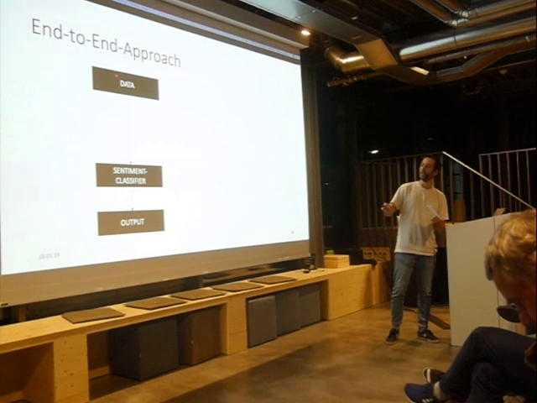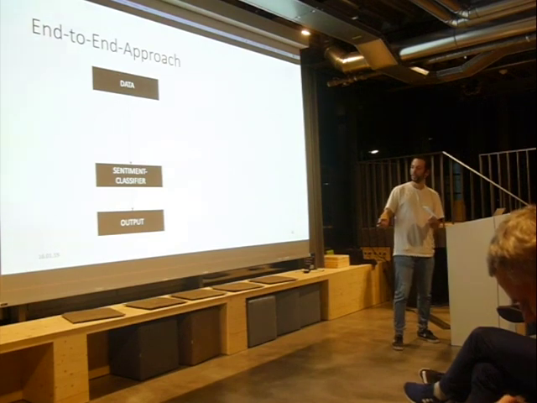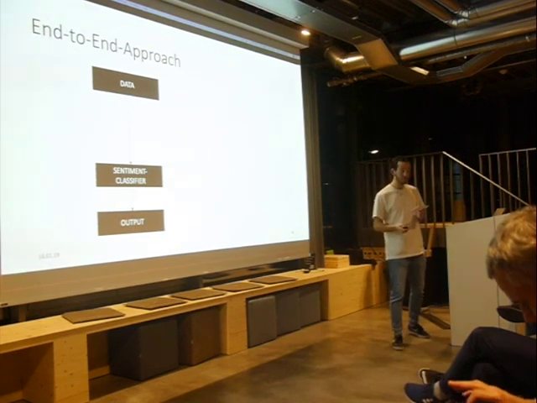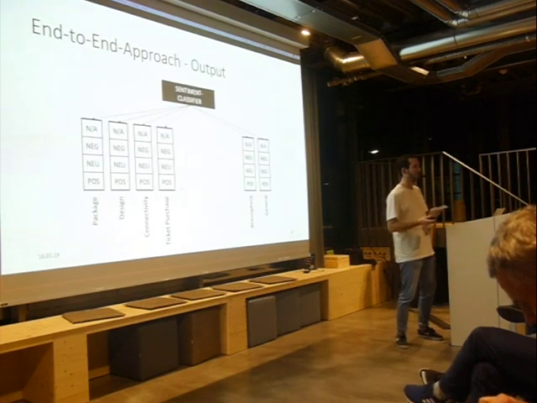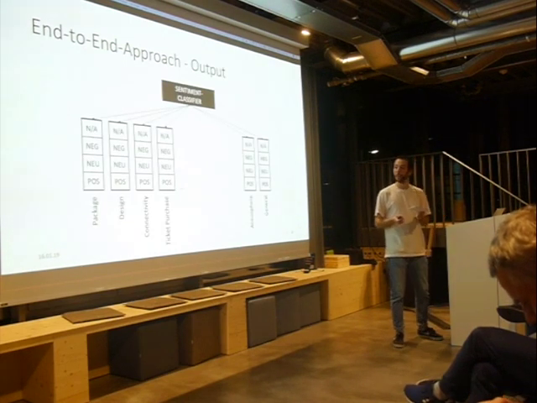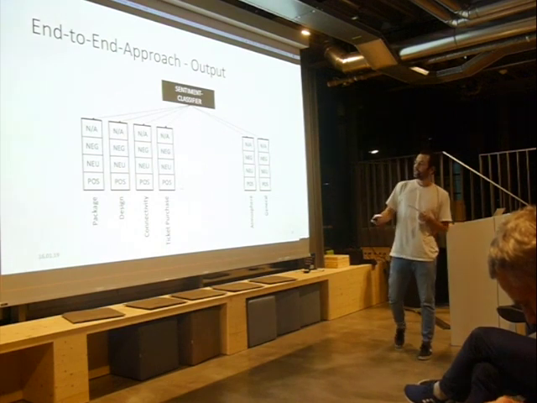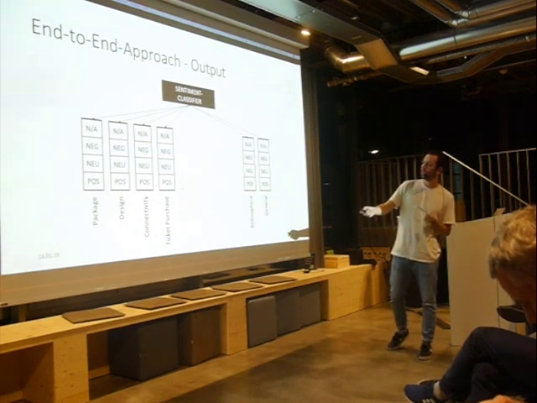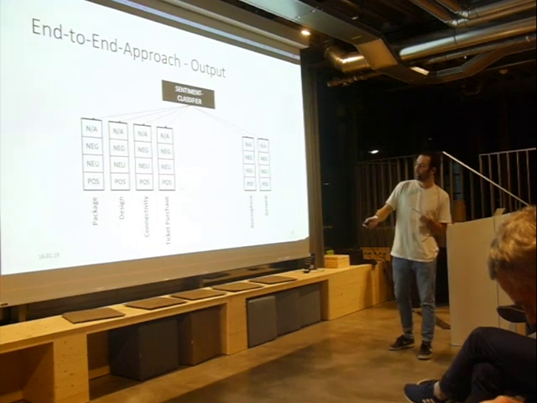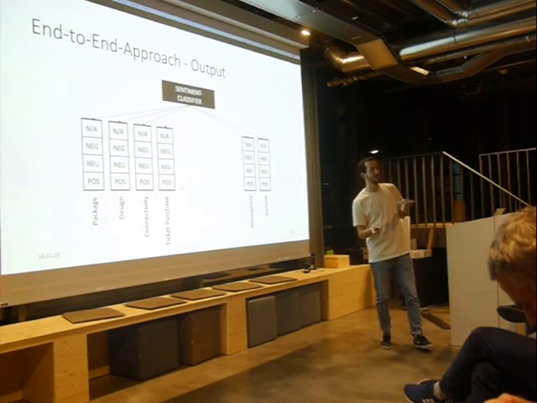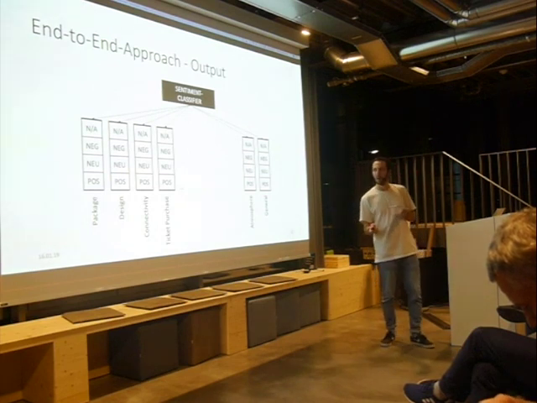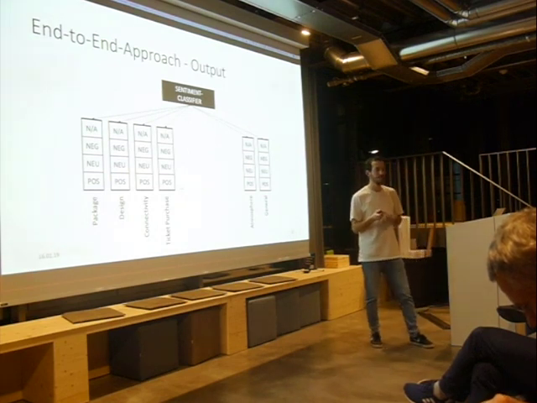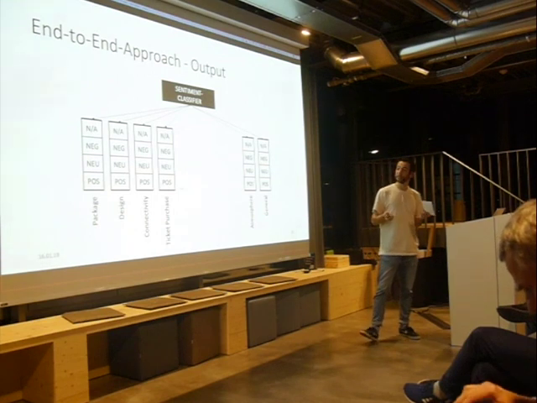So we only have our data, a sentiment classifier, and our desired output. Therefore, we have to adjust the output. And as you can see here, we compute for each aspect if it's mentioned in the text and if it is mentioned, with what sentiment.